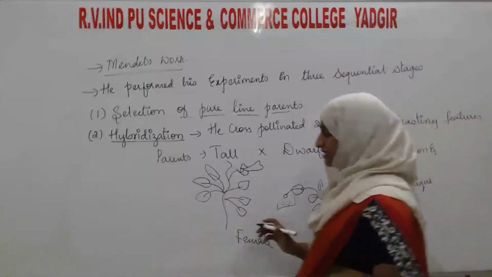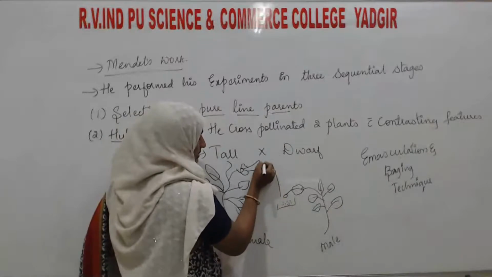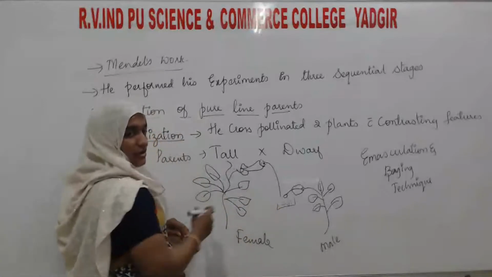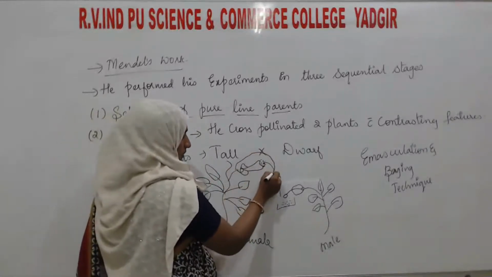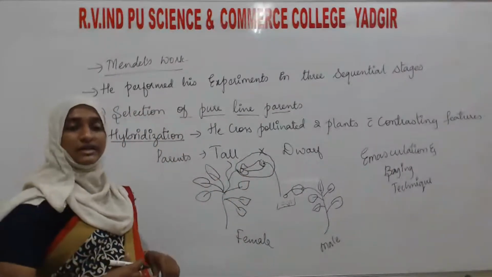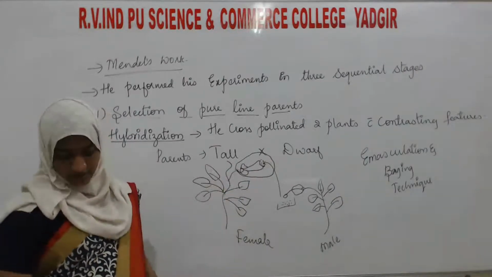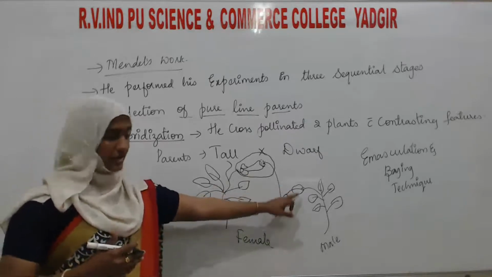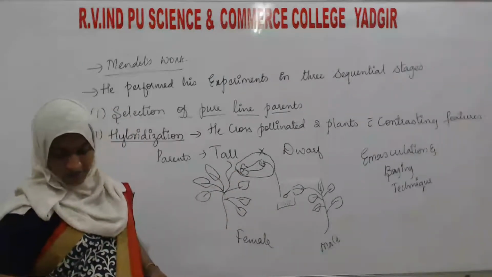Then he took these pollen grains and dusted them on the stigma of the tall plant, and covered it with a polythene bag so that no other pollen grain could come and pollinate it. We call this process emasculation and bagging. Emasculation means removal of anthers. They removed the anthers, then dusted the pollen grains on the stigma.